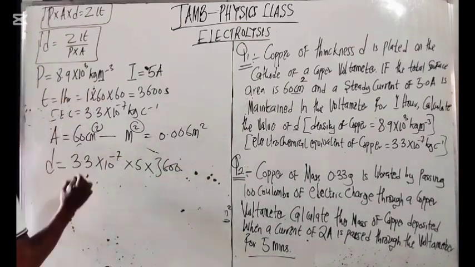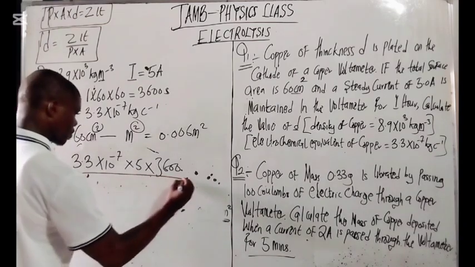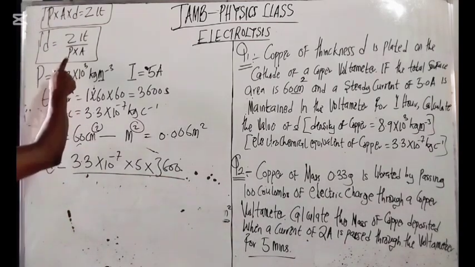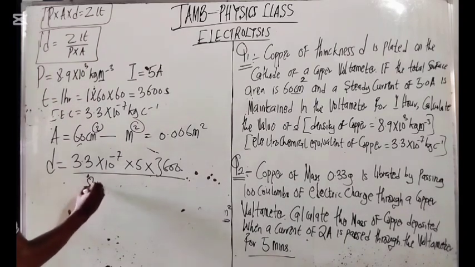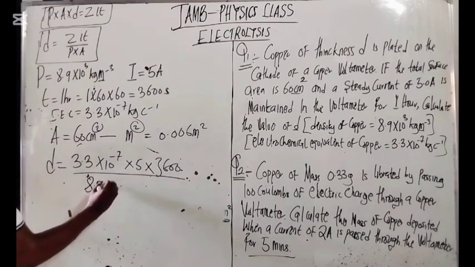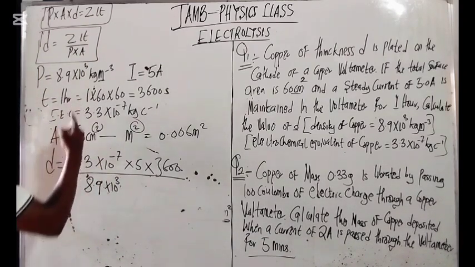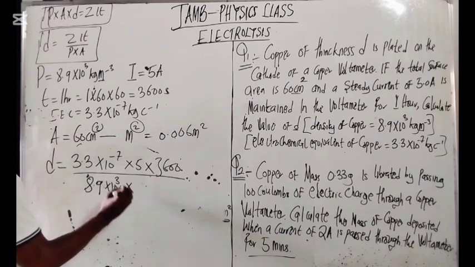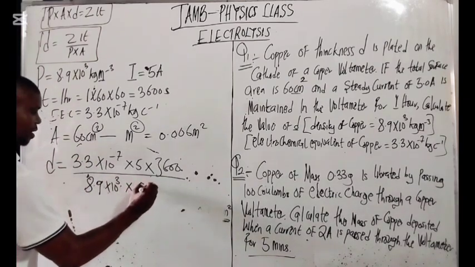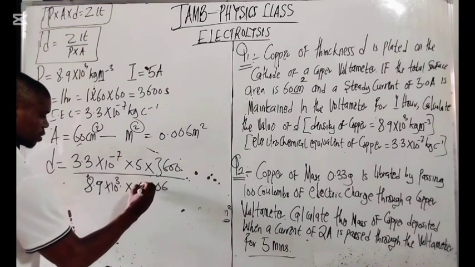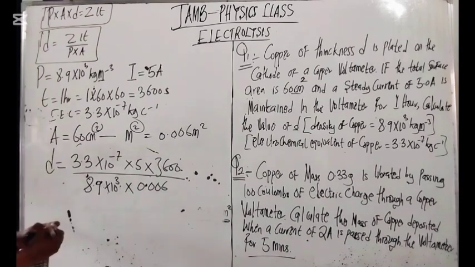So this is what we have here, over my P, which is my density here, 8.9 exponential 3, right? Times my A. What is my A? My A is 0.006. Okay. So this is what you use here.